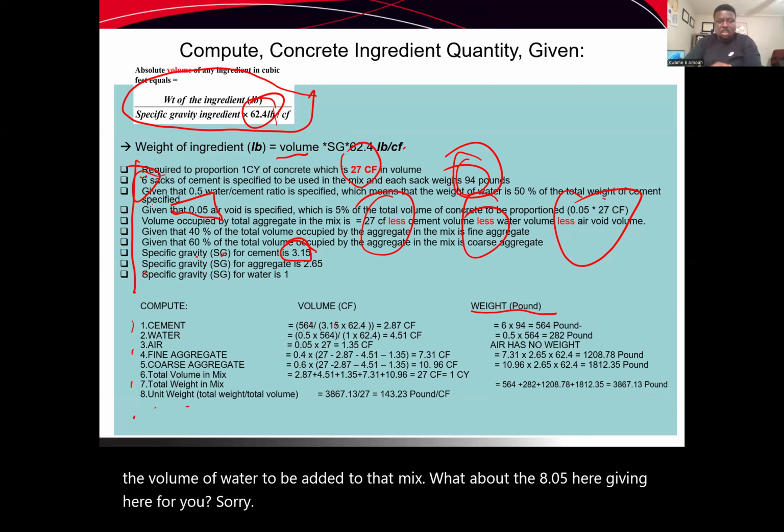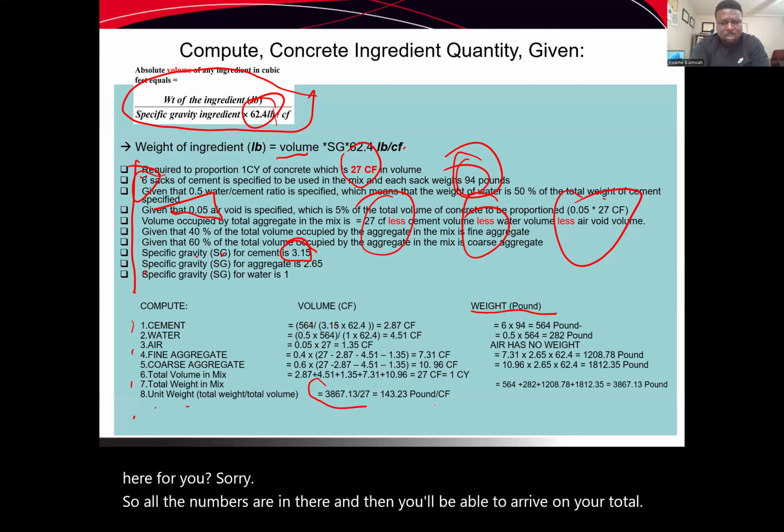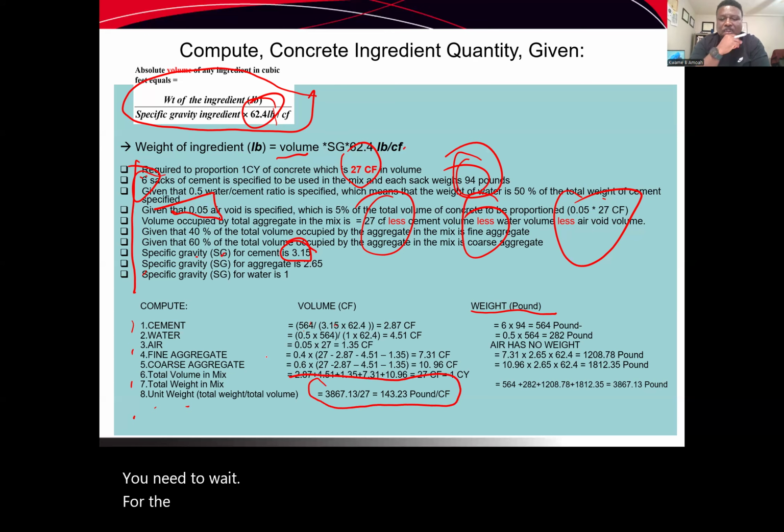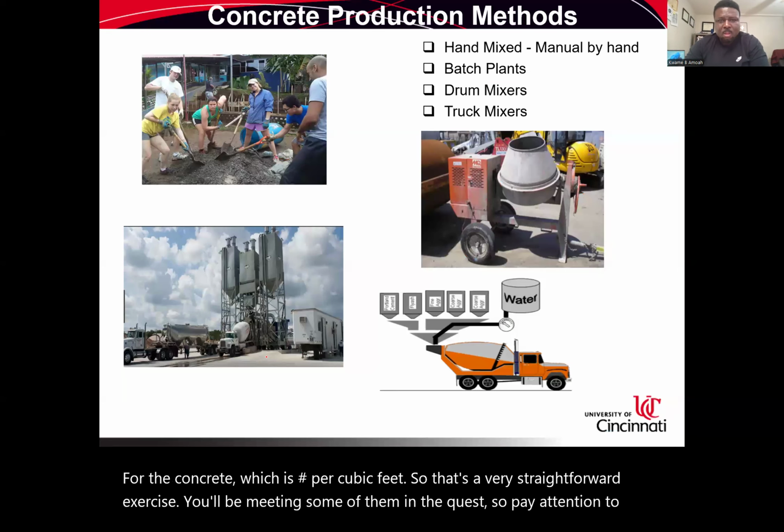So all the numbers are in there, and then you'll be able to arrive at your total unit weight for the concrete, which is pounds per cubic foot. So that's a very straightforward exercise. You'll be meeting some of them in the quiz, so pay attention to it, right?